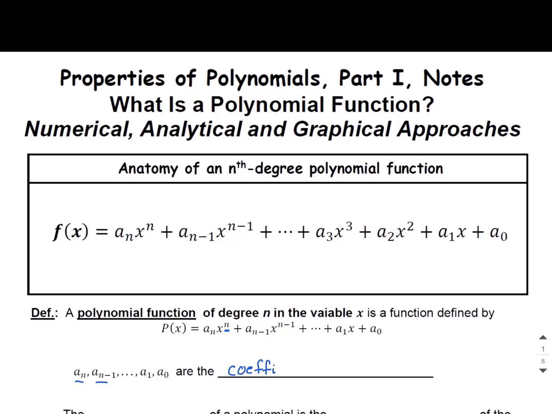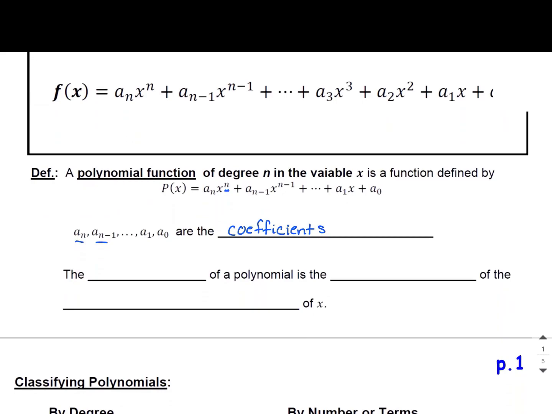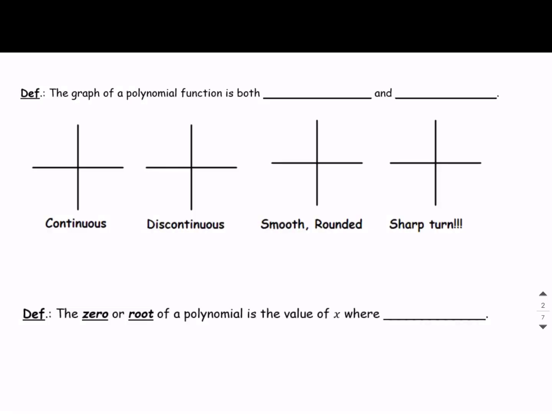They're just numbers. And the degree of the polynomial is the exponent of the highest power of x.